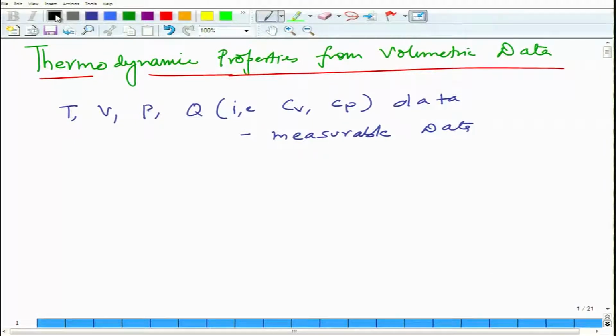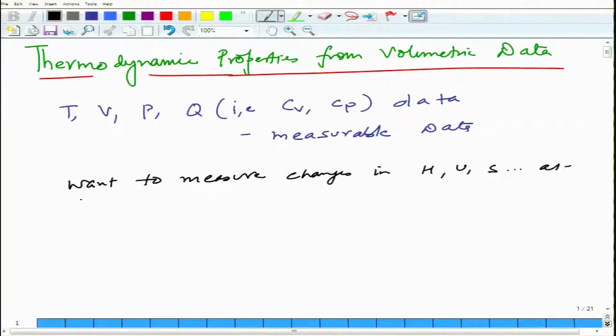And the interest is basically to find out changes in thermodynamic functions, such as the properties enthalpy and entropy S at constant temperature, from P, V, T and given composition data.